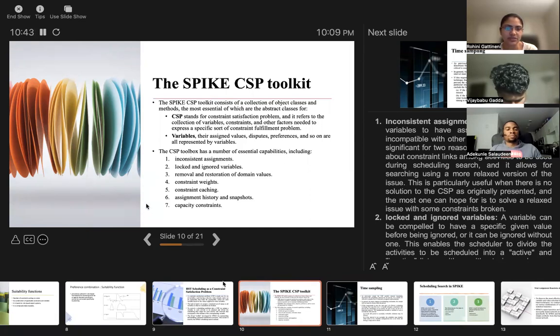And the CSP toolbox has a number of essential capabilities, including inconsistent assignment, locked and ignored variables, removal and restoration of domain values, constraint weights, constraint caching, assignment history and snapshot, and we have a capacity constraint also.